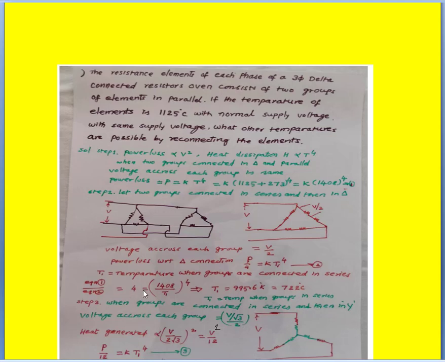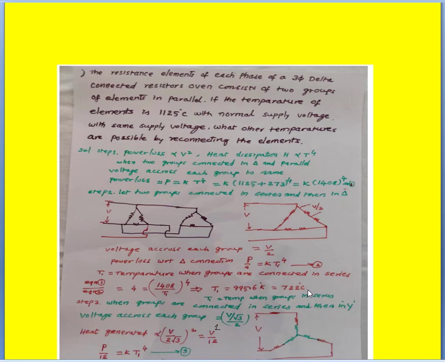We get 4 is equal to 1408 divided by T1 whole power 4. So once we simplify this, we get T1 is equal to 995.6 degree Kelvin. So if you subtract 273 from this, then we get in degree centigrade, that is 722 degrees centigrade.